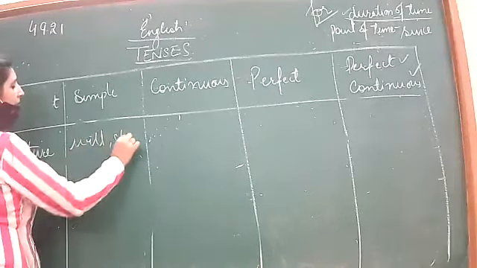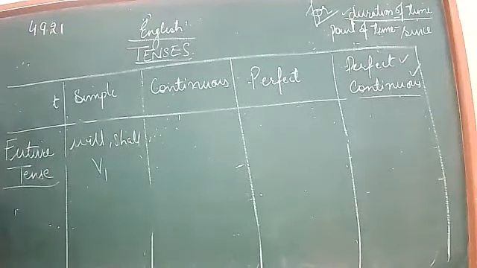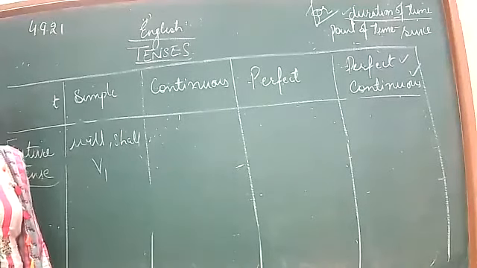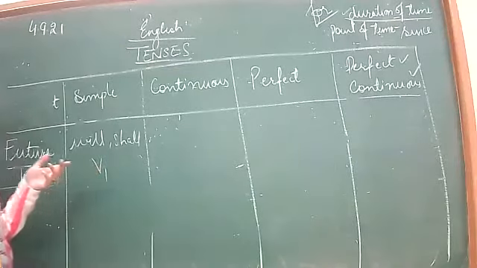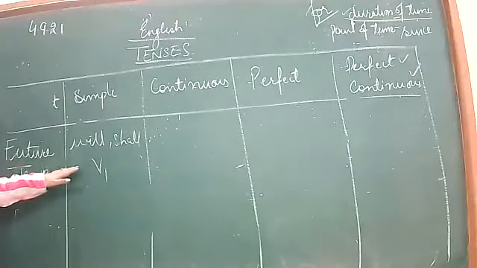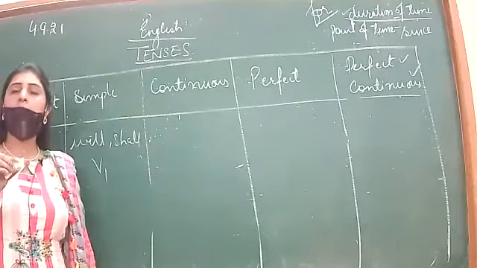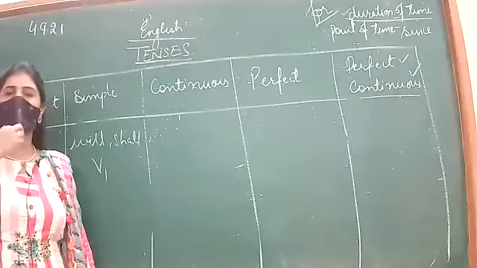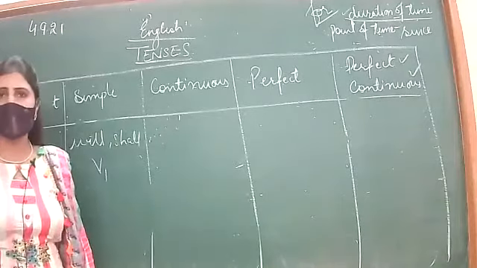Will and shall. And which form of verb? First form of the verb. For example, he will do this. Okay, mostly it is said that with I and we we are using shall, but otherwise we are using will. Okay, but when we have studied models, there can be the use of will with I and we also. Okay, when we have some perfect determination. Okay, when we have made some promise.